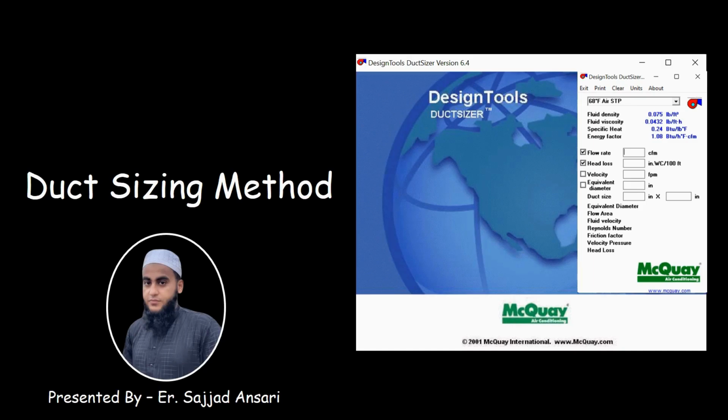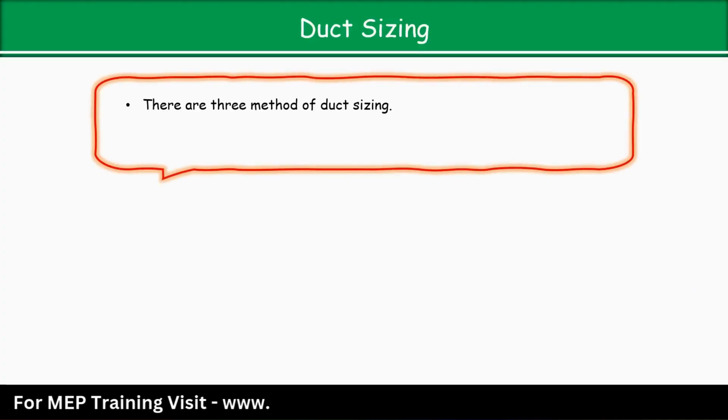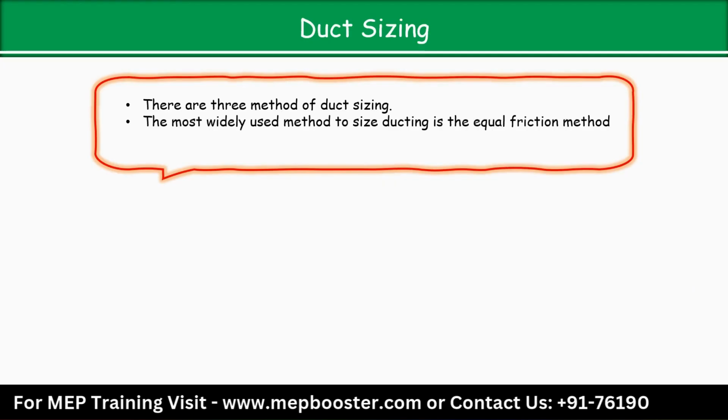So in this lecture we'll discuss the duct sizing methods. All of you know that there are three methods of duct sizing. The most widely used method to size ducting is the equal friction method. The other methods are velocity reduction and static regain.